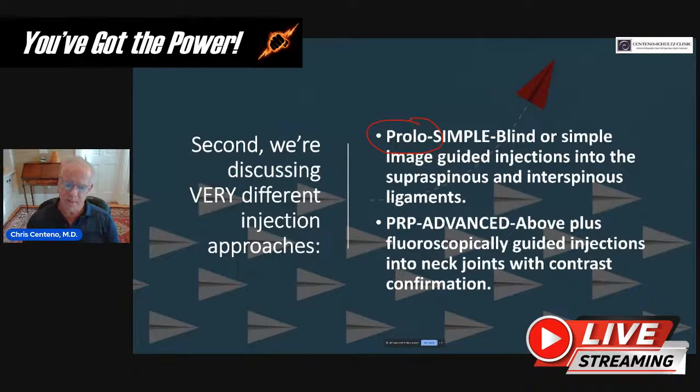When it comes to PRP, in general, and this is true maybe 70% of the time, we're generally talking about more advanced injections where you use C-arm fluoroscopy to get into specific neck joints, and then you do a contrast confirmation to make sure you're in that joint. So there are some differences in general, doesn't always apply, between how these are applied that make a big difference in what the patient is getting.